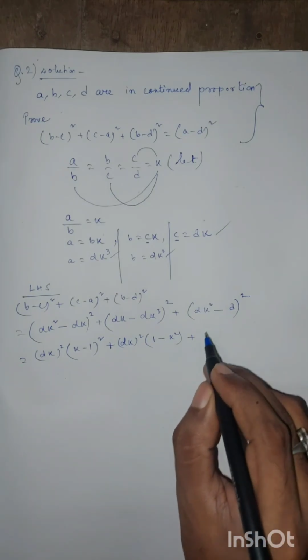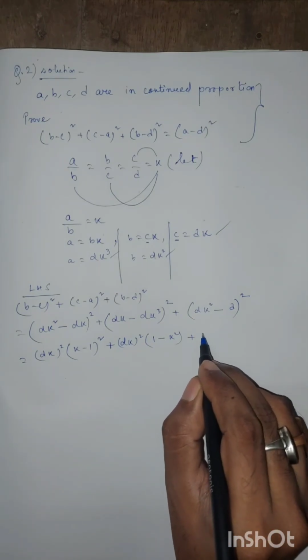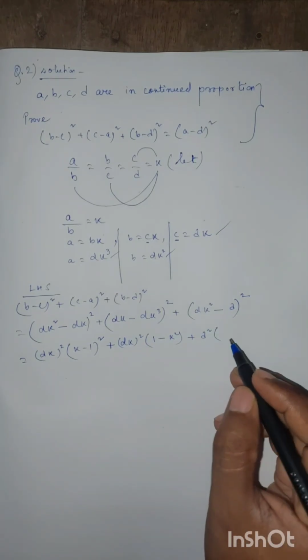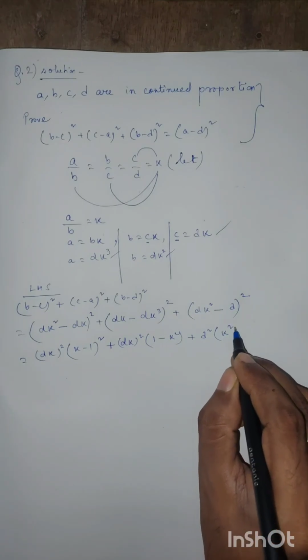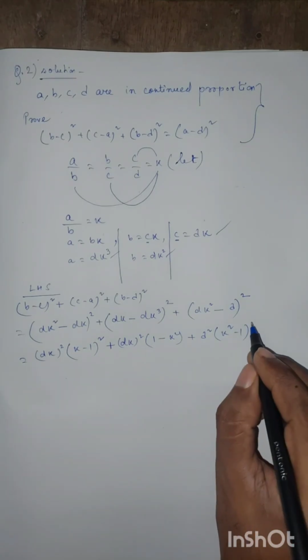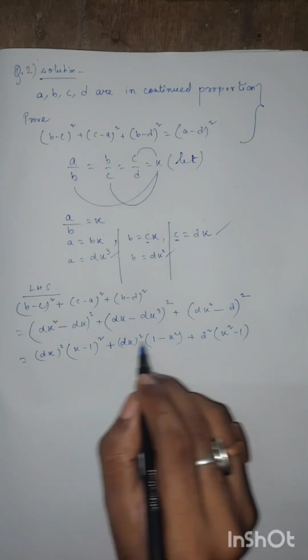If we take d common, it becomes d square. So we are left with k square minus 1 whole square.